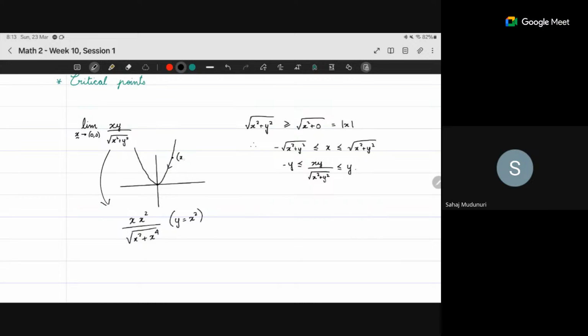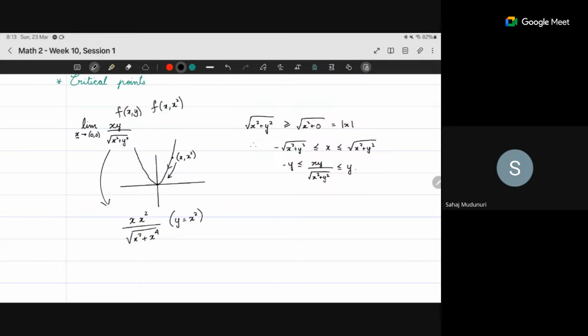Well, the generic point on this curve is x comma x square, right? The points on the graph of this curve. So I approach 0 along this curve, meaning along points of the form x comma x square. So instead of f of x comma y, I'll use f of x comma x square.